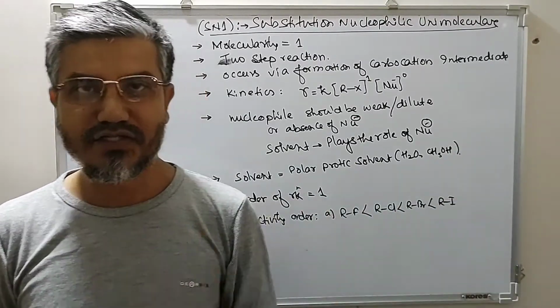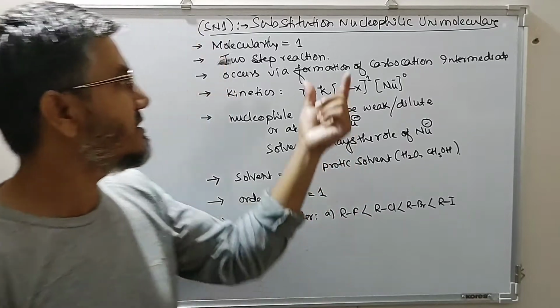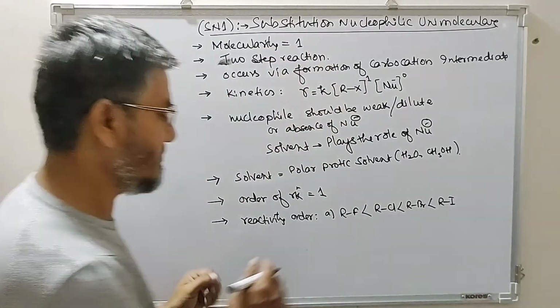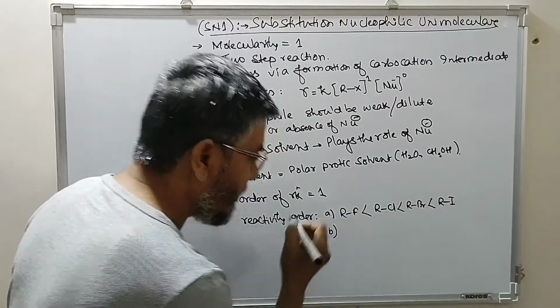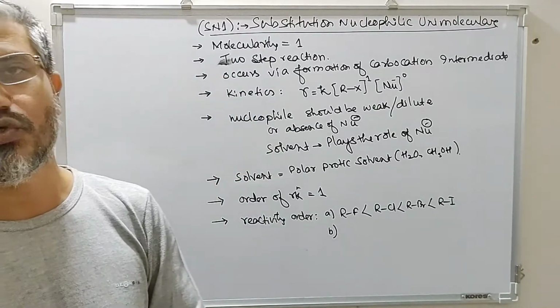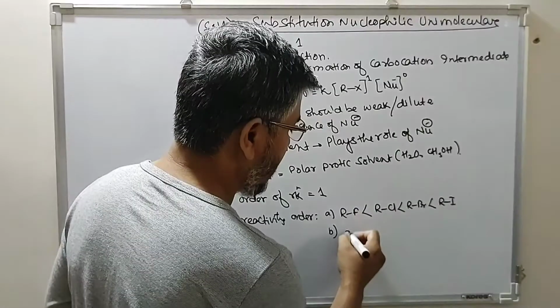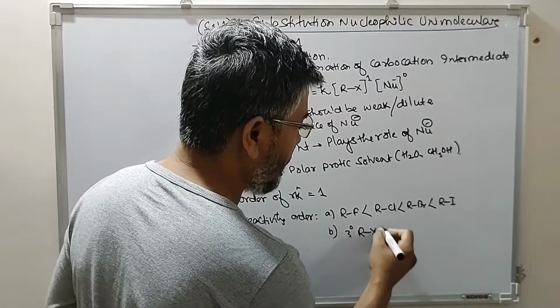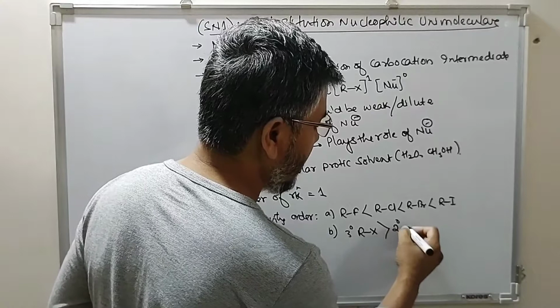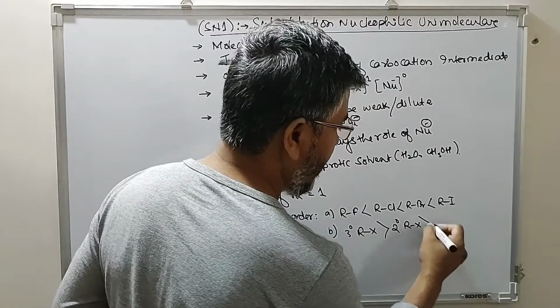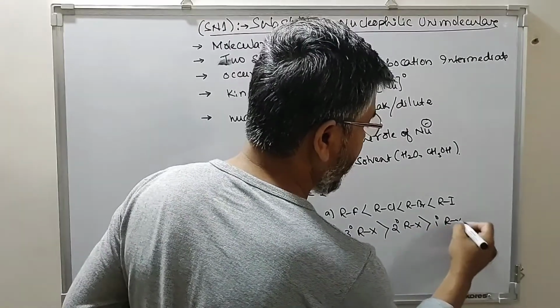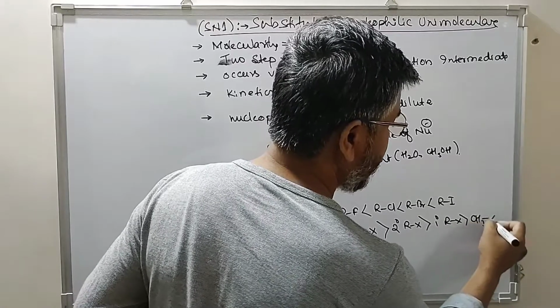So alkyl iodide is the most reactive for this SN1 reaction. Now if we have different types of alkyl group, then the reactivity order says tertiary alkyl is the most reactive, followed by secondary alkyl halide, followed by primary alkyl halide, and methyl halide is the least reactive.